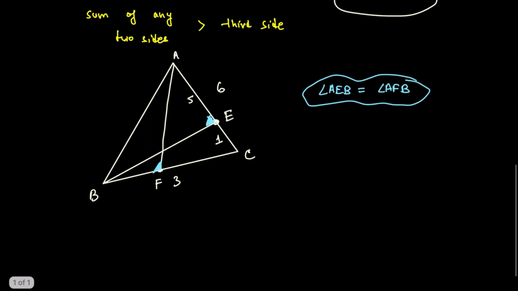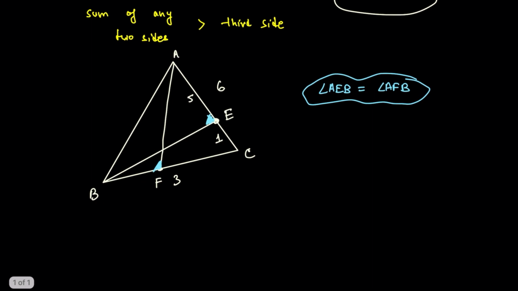Now the question is, well, actually the original question was something different. There was more construction. Let's do something simpler. We will try to figure out BF and FC. This is simpler than the original problem, which was somewhat of AMC standard.